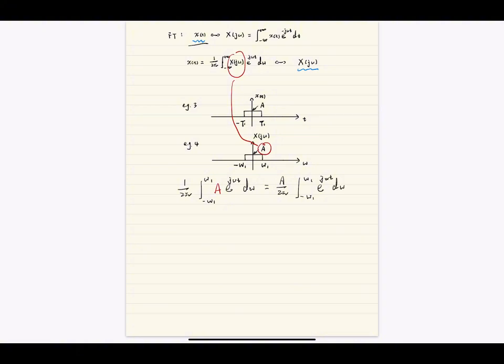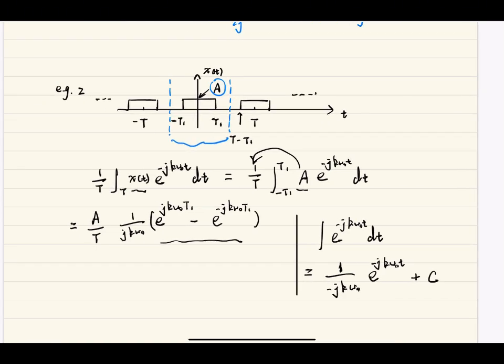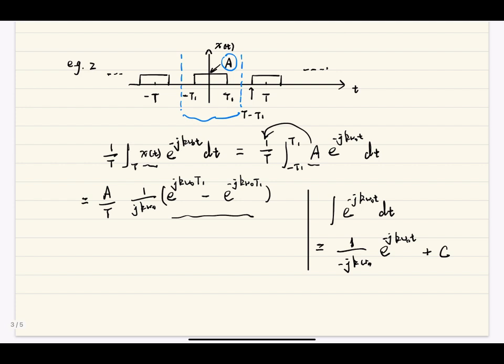This integration has a similar form to one we encountered in the Fourier series problem. Let's review it. Let's copy it to compare.